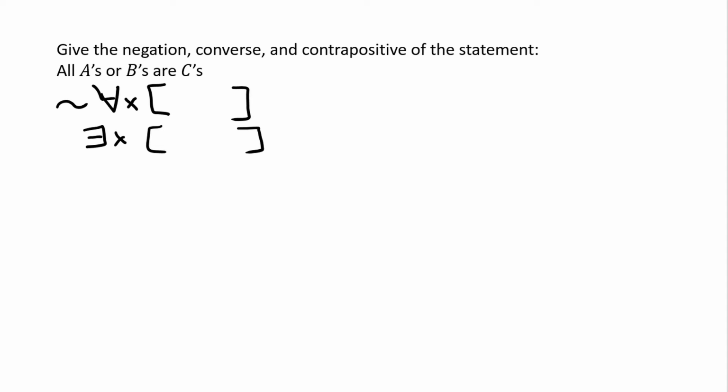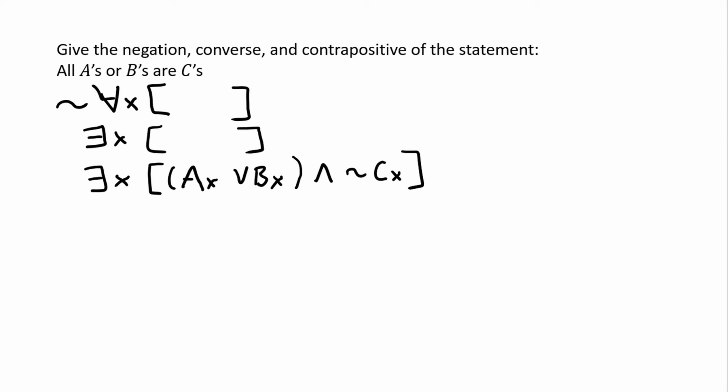Let me think about that for a moment. What I want is that there exists an X that violates all A's or B's are C's. So we're going to look at an X that's an element of the set A, or an X that's an element of the set B, and we want to negate that that's an X that's an element of the set C. Now we actually did that, but it says give the negation, not the symbolic statement, so we need to write this out.